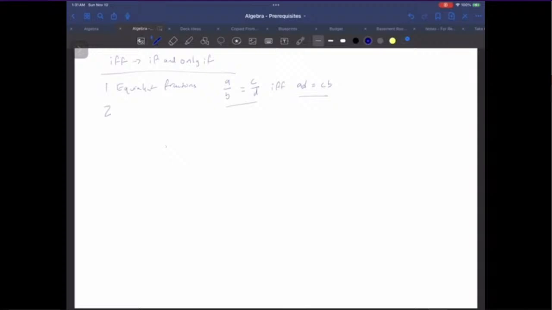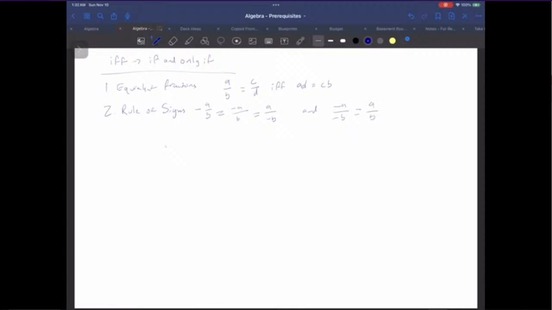The rule of signs is that negative A over B is equal to negative A over B, and that's also equal to A over negative B, and separately, negative A over negative B is the same thing as A over B. Why is that the case?